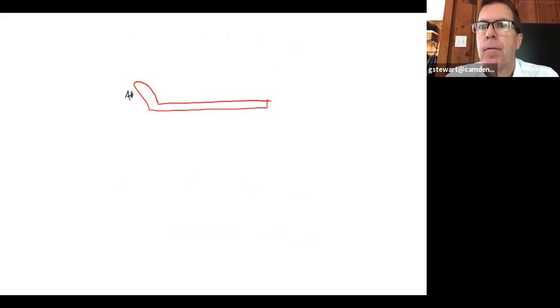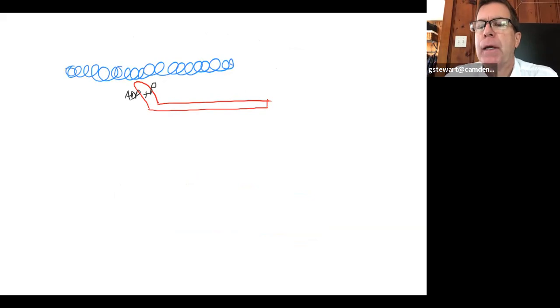ADP and P are still attached to it, but now it reaches up and it grabs the actin molecule because calcium has exposed the active binding sites, and the splitting of ATP gave it the energy to pull the actin molecule in this direction.